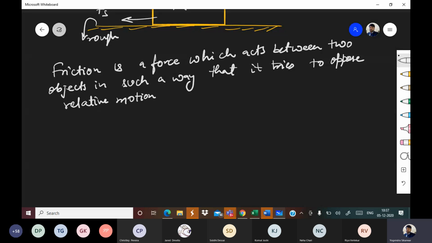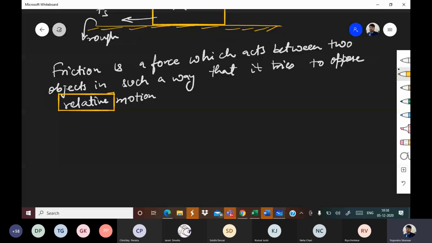Now be very clear about this word. Friction does not oppose motion. Many people have this wrong notion that friction opposes motion. No, friction opposes relative motion, or you can say friction even opposes the tendency of relative motion.